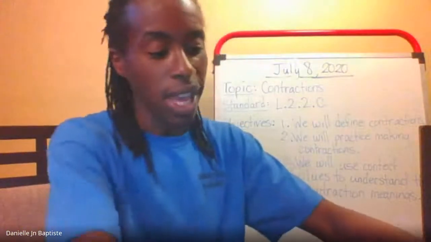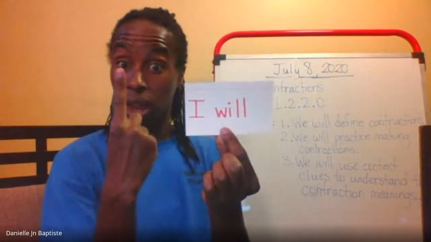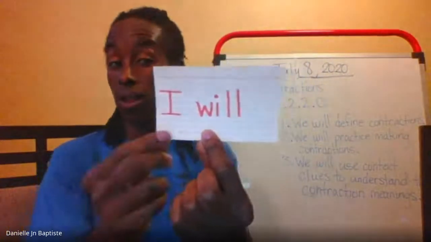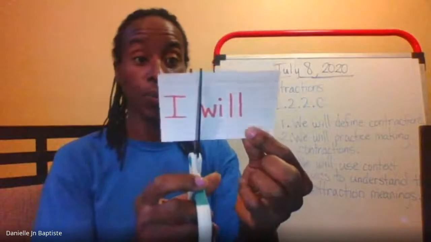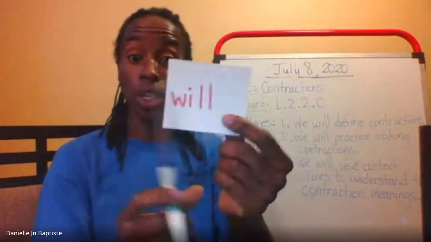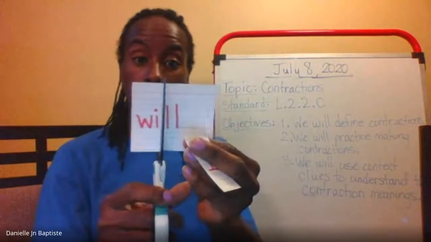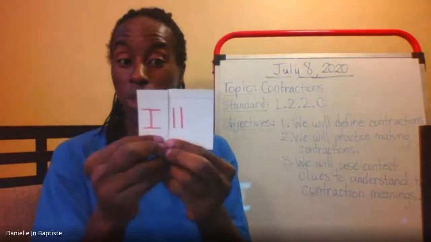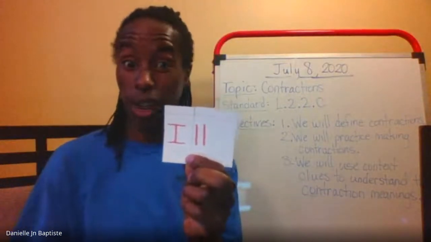Now, let's take these two special words that we're going to put together to make one. And the two words are I will. Well, remember, we have to get rid of a few letters because we are going to take two words, I will, and we are going to take out some letters, put those letters with the other word, because I is a word and a letter all in the same time.